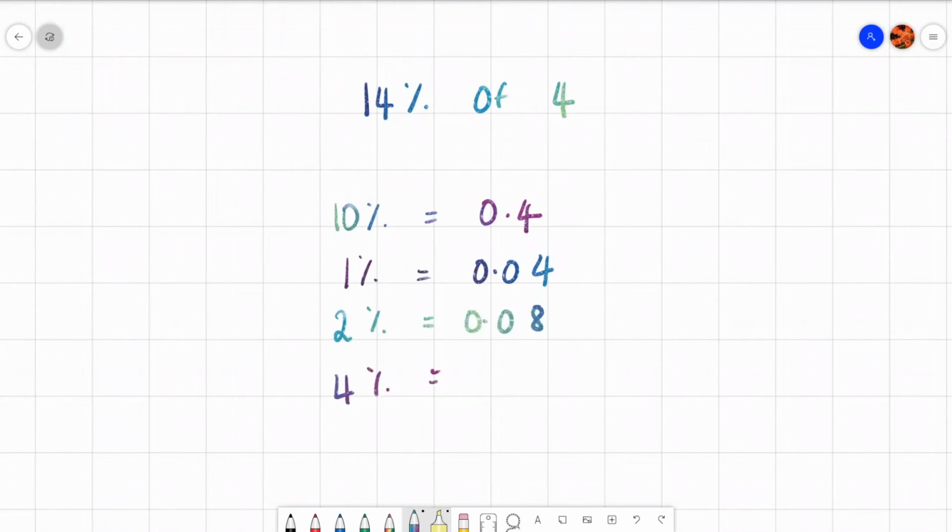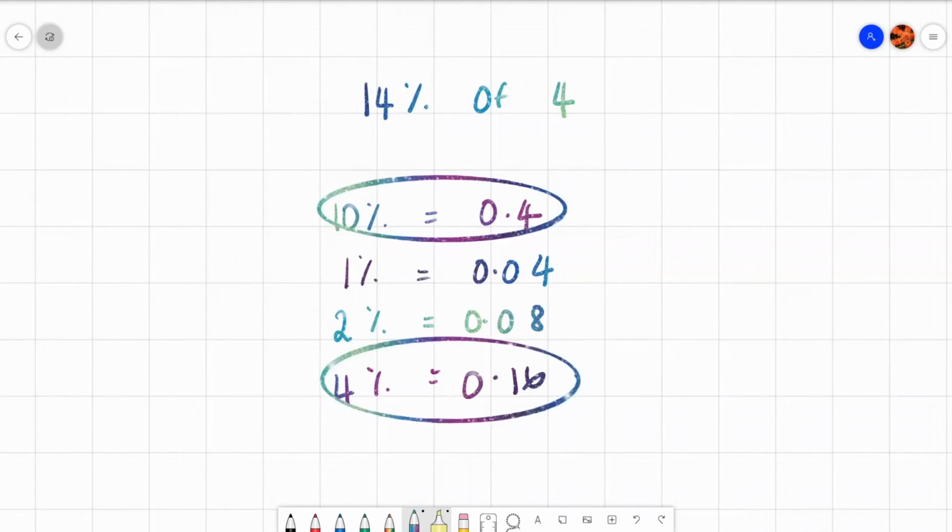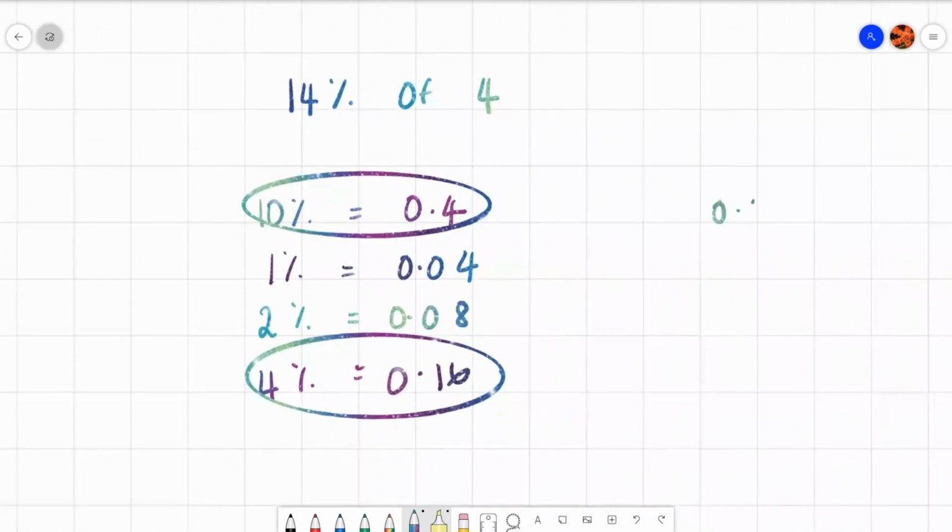And then obviously, if you want to double that again, you end up with 0.16. Then all you do is add your 10% and your 4% together. So I'm going to have 0.4 add 0.16. That's 0.56, and the answer is 0.56.